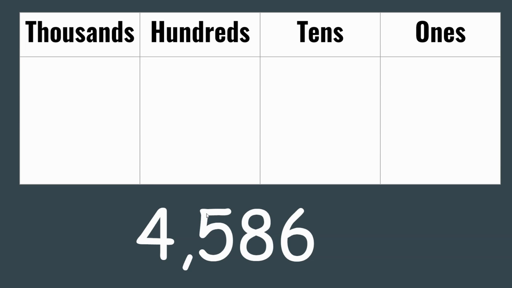How about 4,586? Always remember to start writing the digits from the very last part, which is 6. So 6 will be in our ones column, 8 in tens, 5 in hundreds, and 4 in thousands.